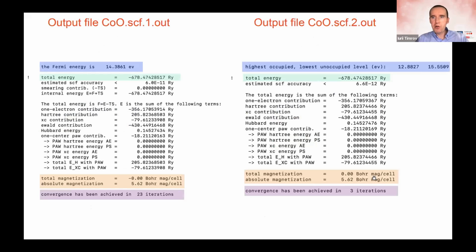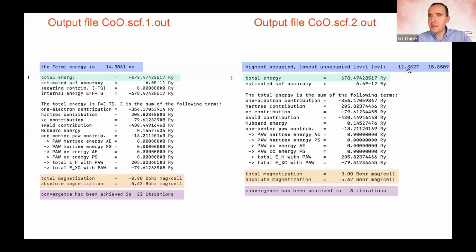And if we compare the output files of these two types of calculations, in the first one, which we treat as a metal, we have a Fermi energy because it's a metallic calculation. And total magnetization 0, it took 23 iterations to converge. Then in the second calculation, we remove smearing and we perform the insulator calculation. So now we don't have a Fermi energy, but we have HOMO-LUMO, the top of the valence band and the bottom of the conduction band.